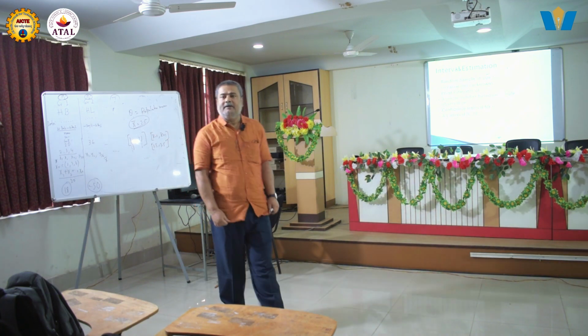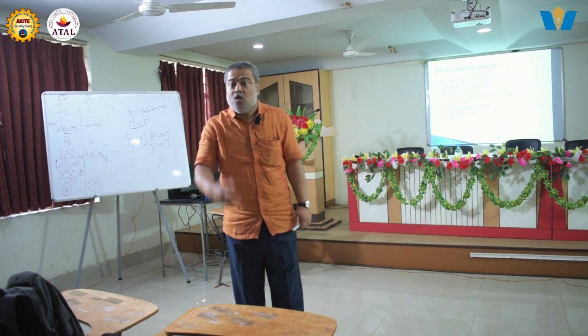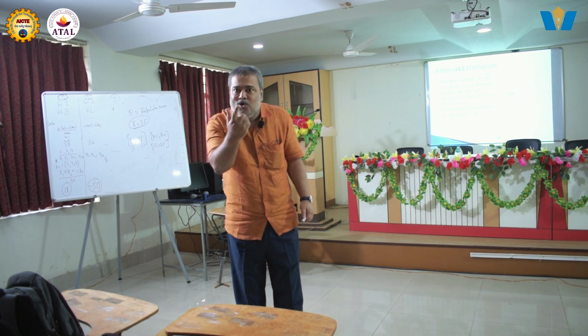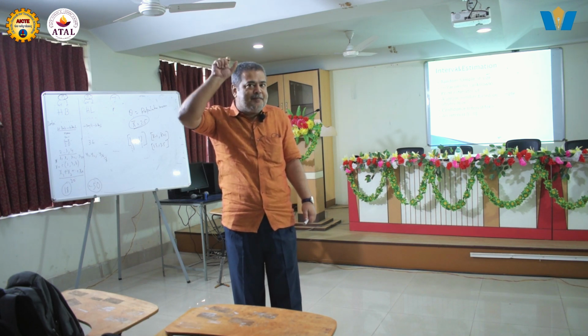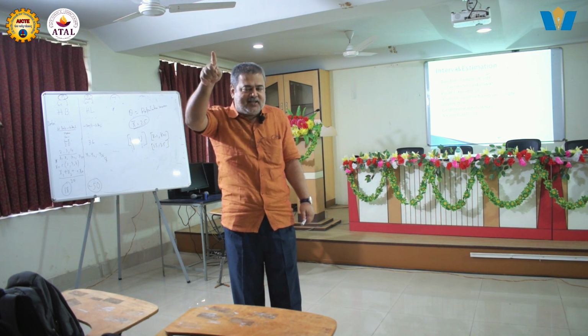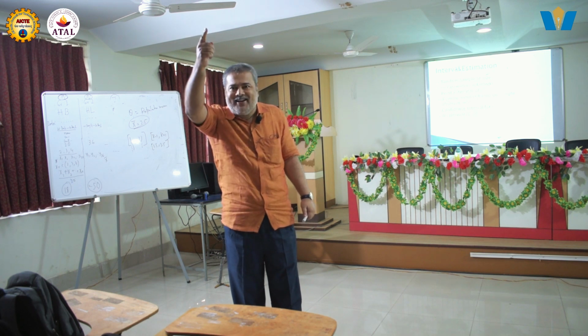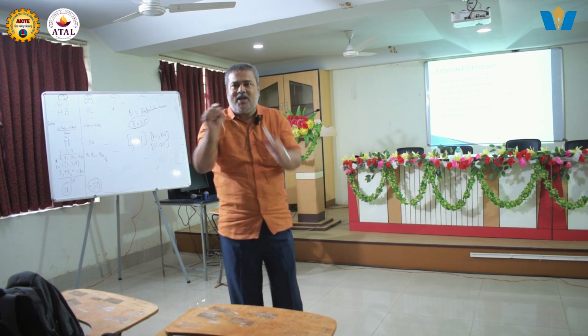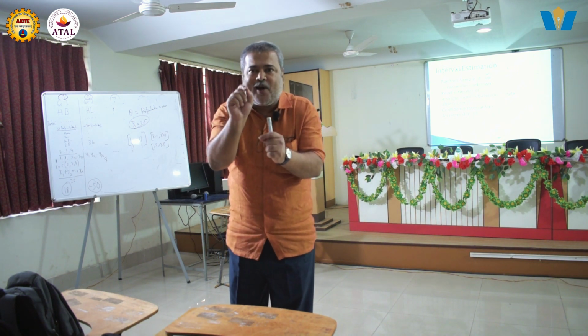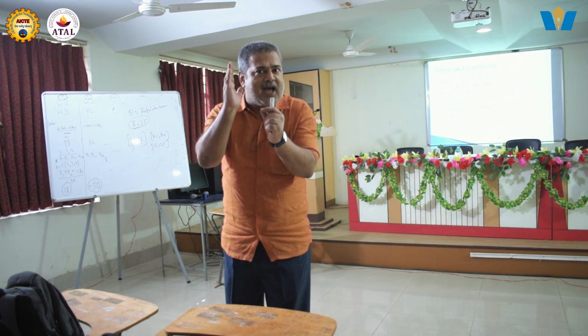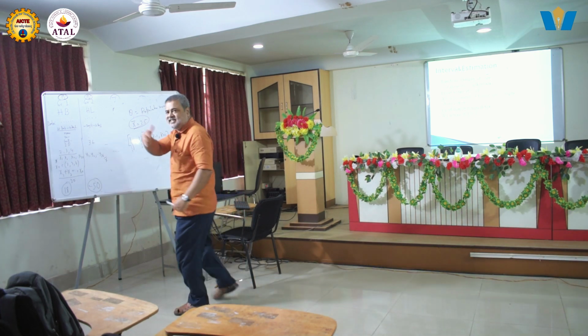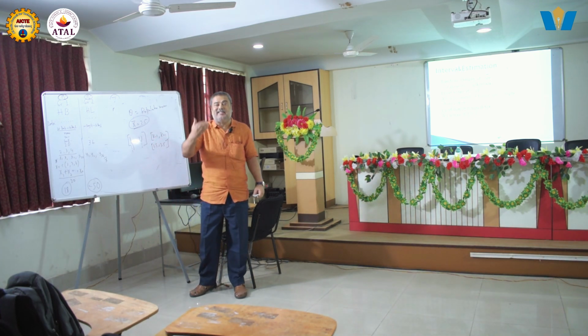Theta is not known. Theta is unknown. So you are estimating that theta by a point, but that point is not the true point. You are not sure. So you are mentioning not that exact point, but some interval, so that you have more flexibility in estimating this theta.